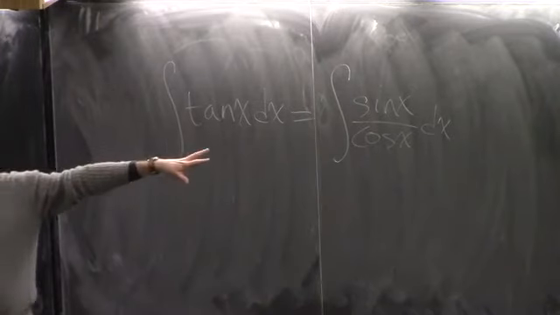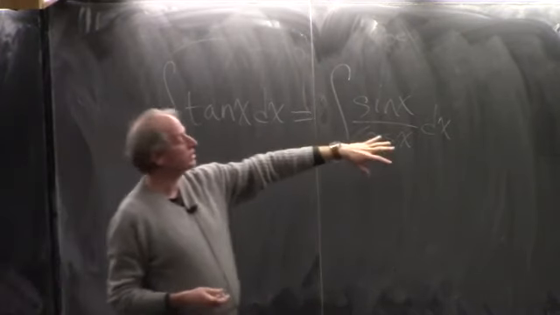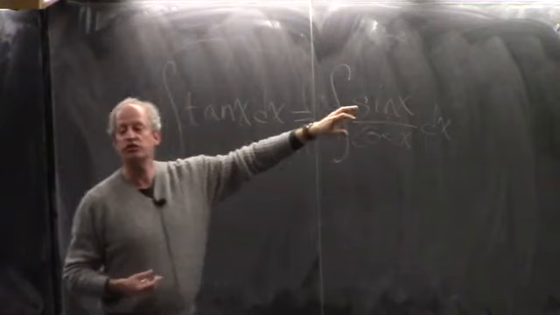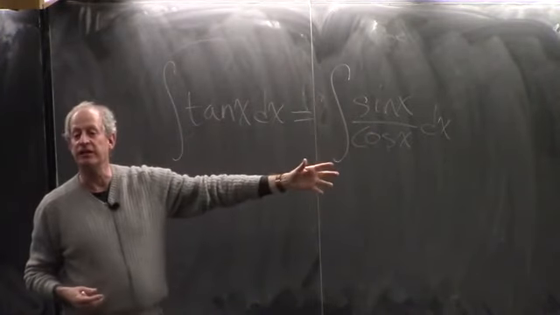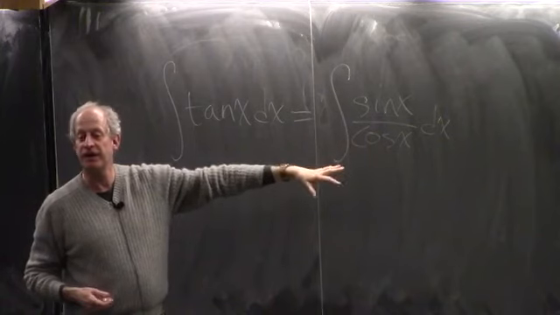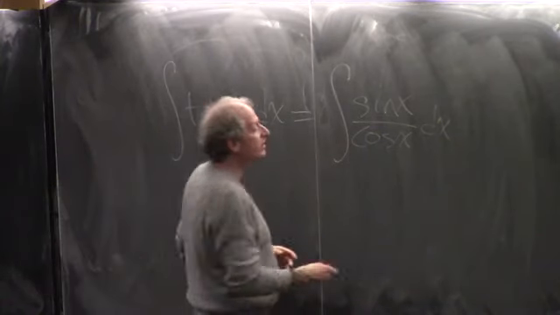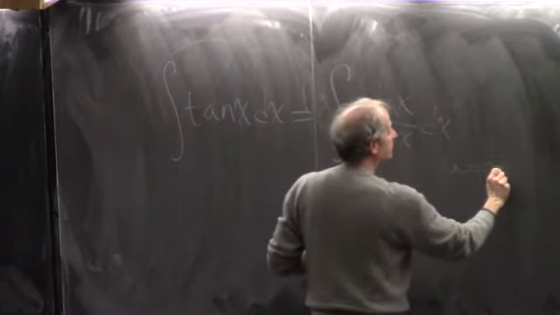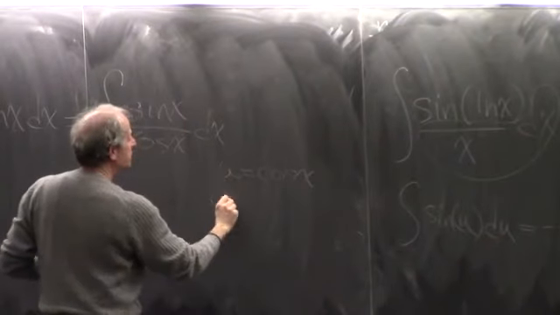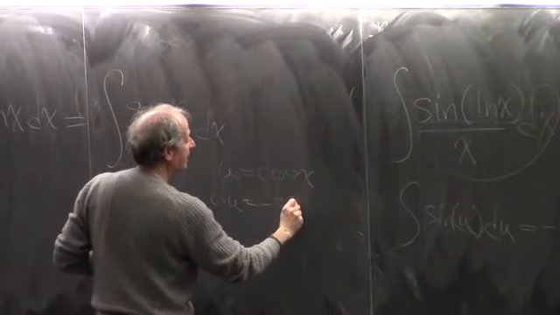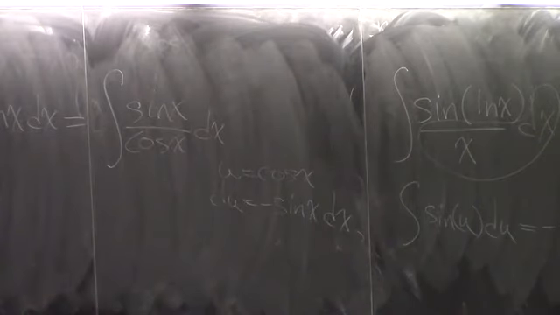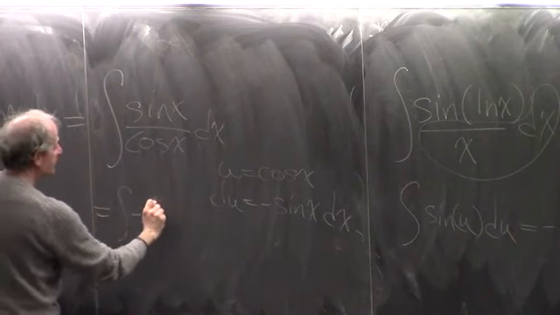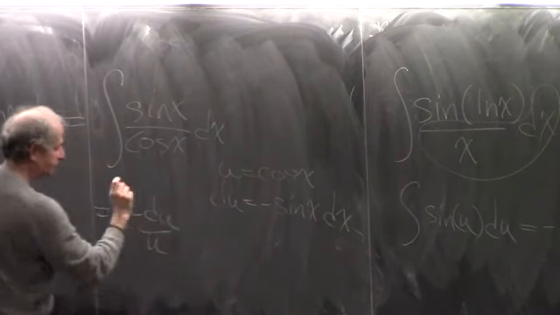Let's let u equal cosine x. Now, how do I know to let u equal the denominator? Well, if I let u equal sine x, I'll have du in the denominator. That doesn't do me any good. I don't know what to do with the d down there. It's got to be up in the numerator. But if I let u equal cosine x, then du is minus sine x dx. So I can now rewrite this as minus du over u.